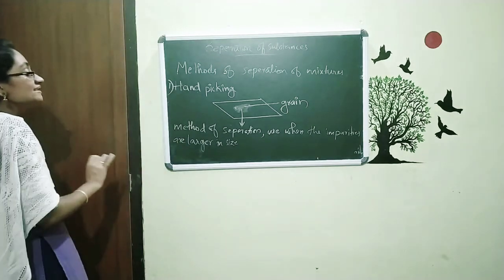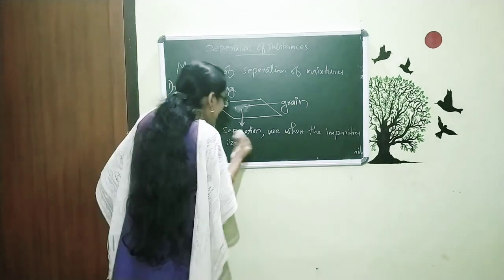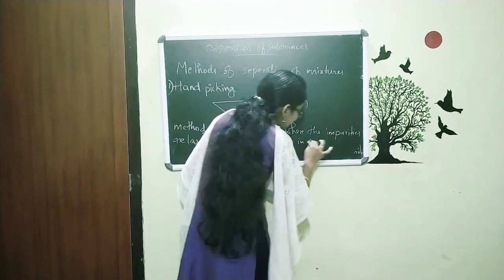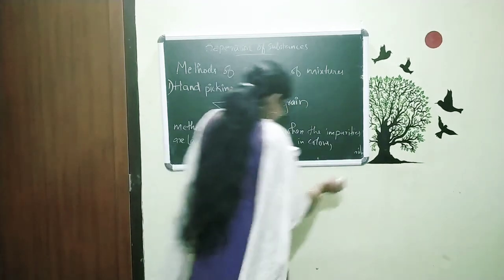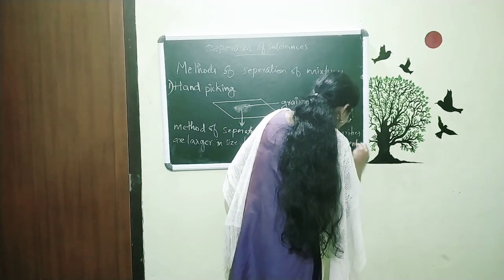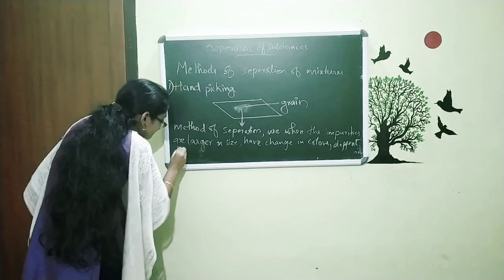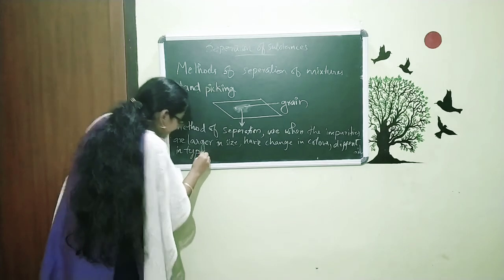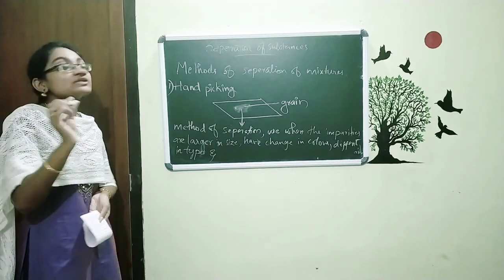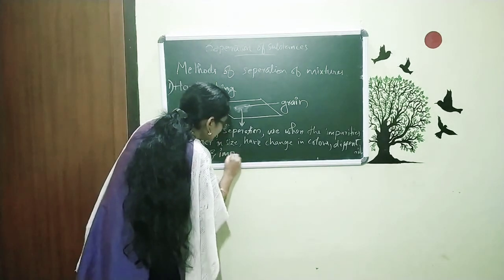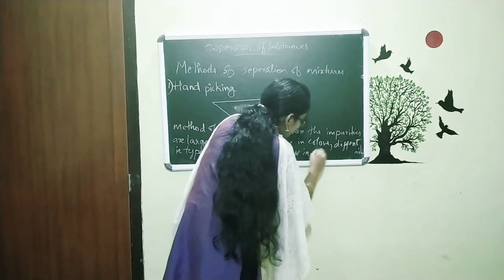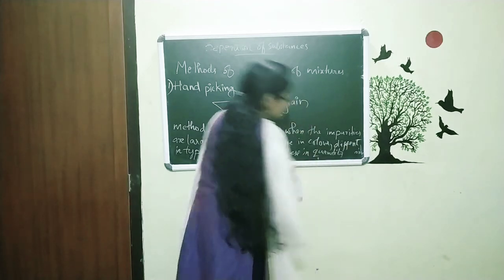So when the impurities are larger in size, have a change in color, are different in types, and the impurities are less in quantity. I will explain it.